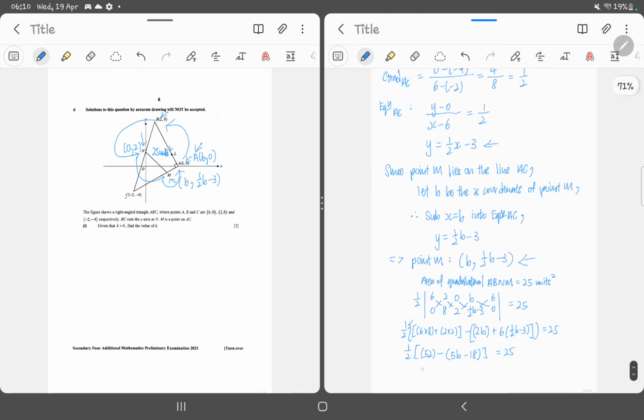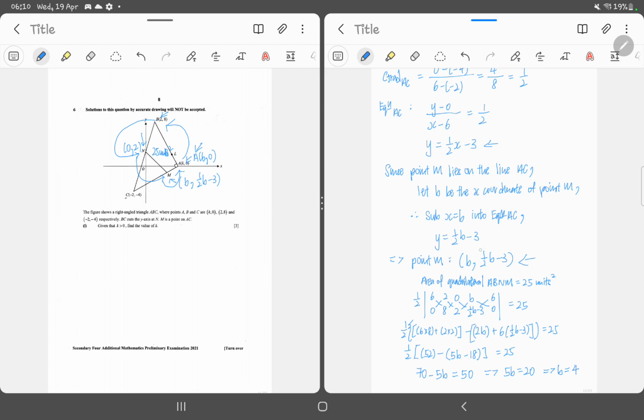So this simplifies to 70 minus 5B equals 50. So this implies that 5B equals 20, which means that B is equal to 4.